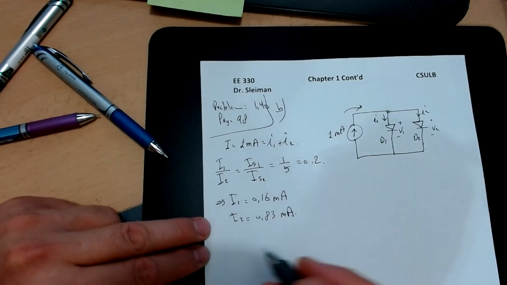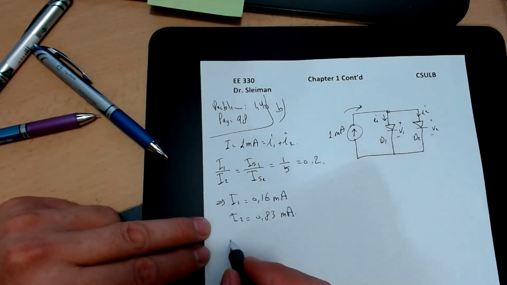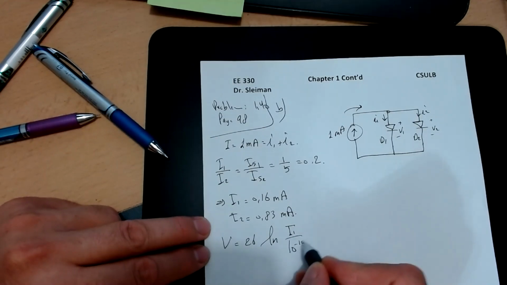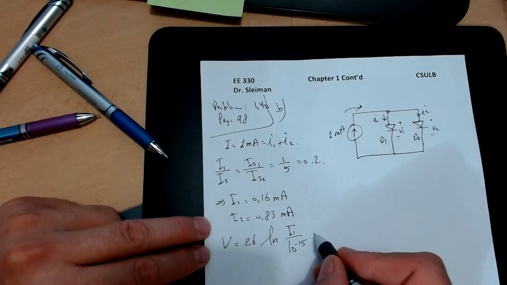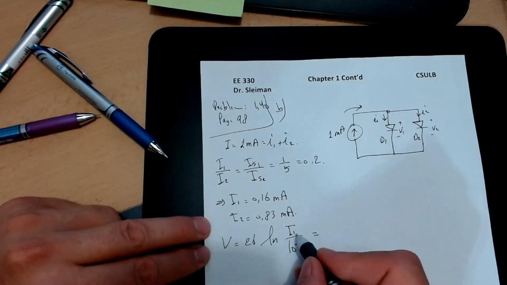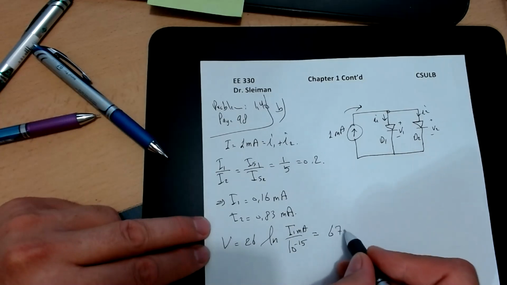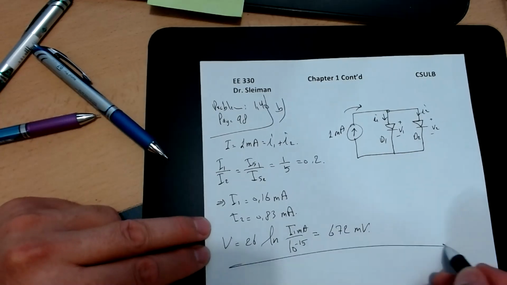Two equations with two unknowns, and the voltage is equal to 26 ln(I1 divided by 10 to the negative 15), which is 672 millivolts.